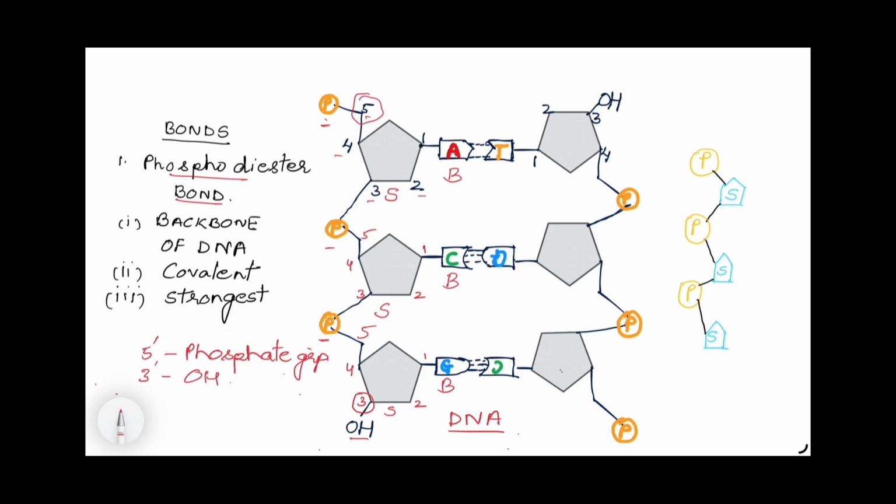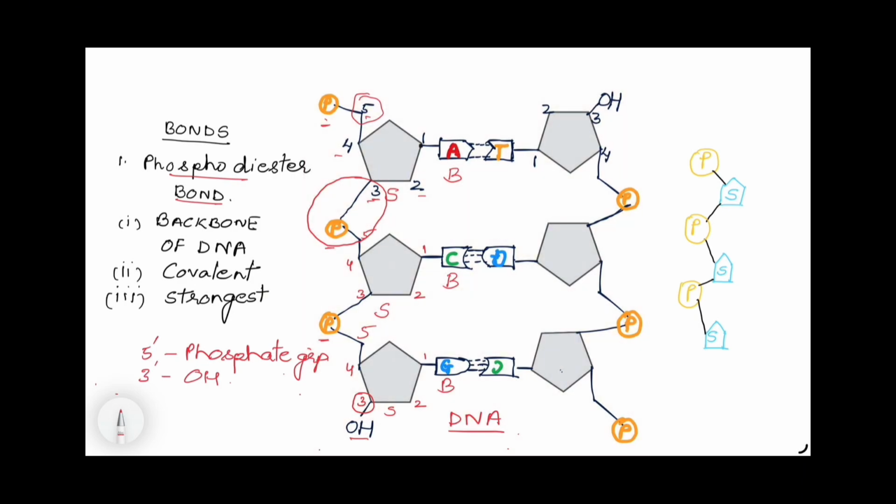Phosphodiester bond is formed between 3' carbon of one deoxyribose sugar to 5' carbon of the next sugar via phosphate group. So, we can see this 3' is connecting to the 5' carbon of the next sugar via this phosphate group. So, this is phosphodiester bond.